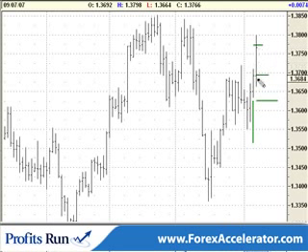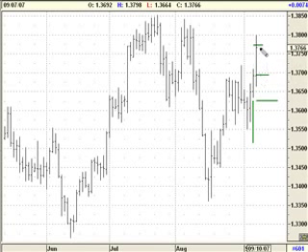So half the position comes off immediately here for a nice, how many pips is that? 37 to about 75 pips profit right there. The other half of the position continues long, protected by a trailing stop. So we'll pick it up on Monday and see how things play out.